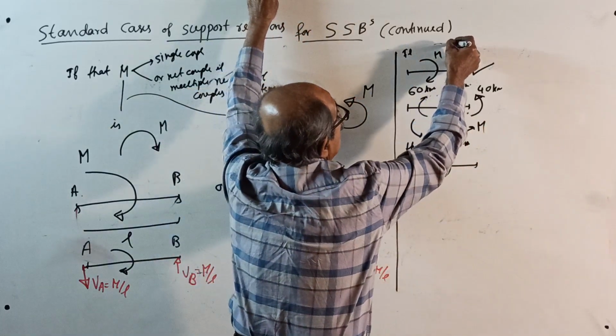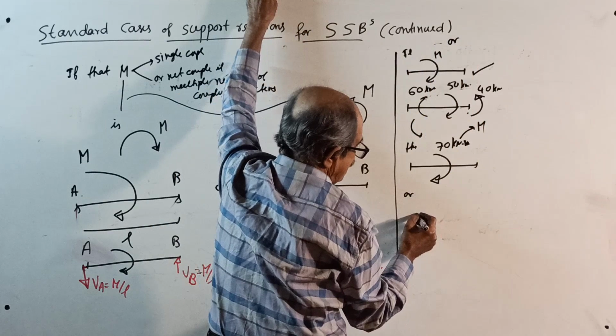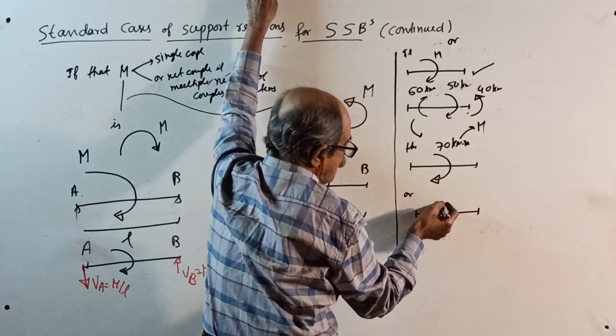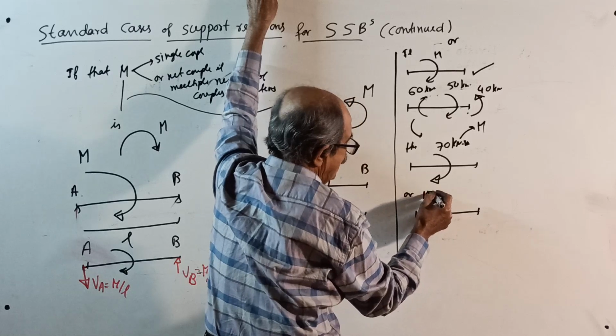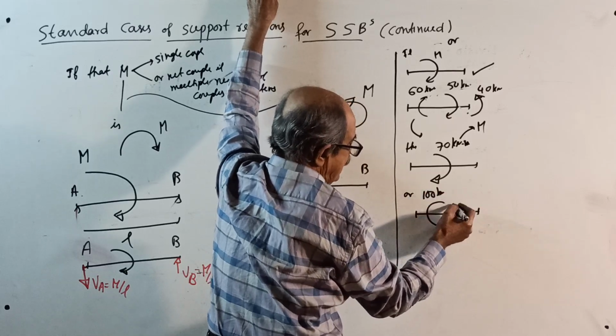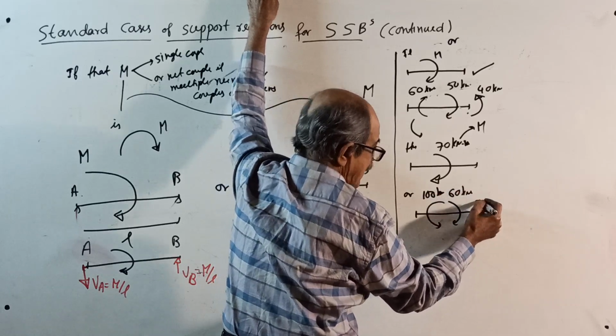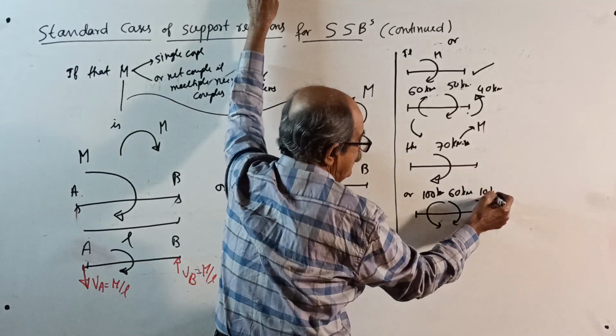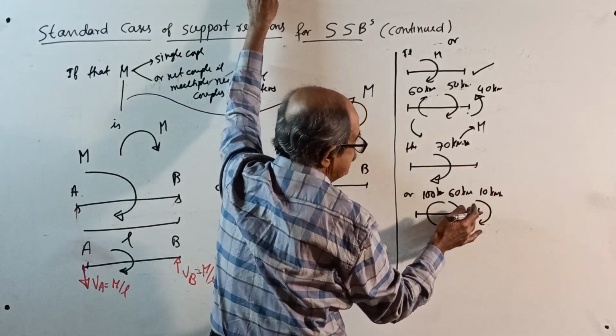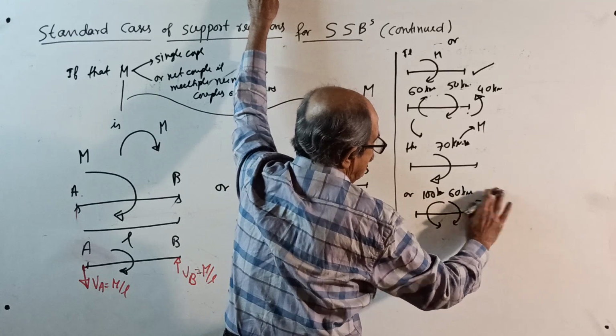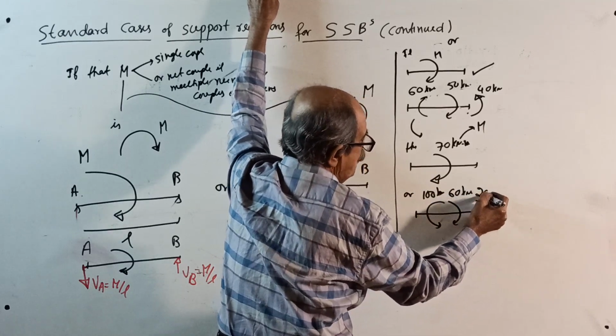Or, one more sketch. Suppose the couples are anywhere: one anti-clockwise of 100 kilonewton meter, one clockwise of 60 kilonewton meter, and another clockwise of 20 kilonewton meter.